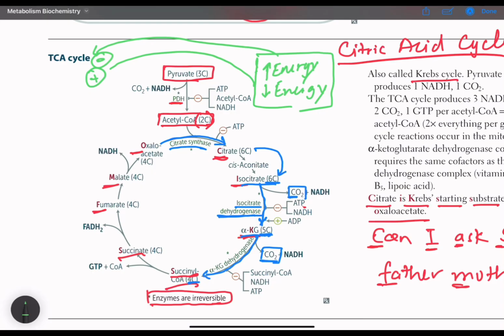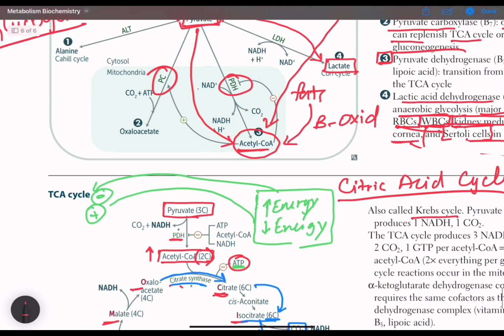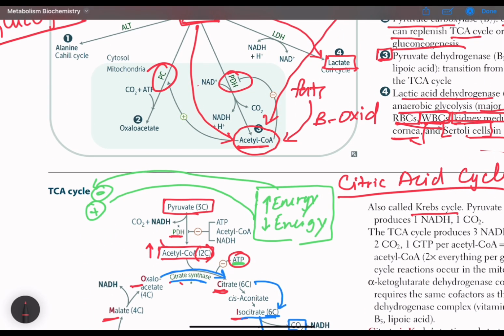For the conversion of oxaloacetate to citrate, ATP, which reflects the high energy state, inhibits the conversion of oxaloacetate into citrate. Thus we have increased acetyl-CoA, which inhibits pyruvate dehydrogenase. So you can see that high energy states reflected by increased ATP, acetyl-CoA or NADH inhibit PDH.